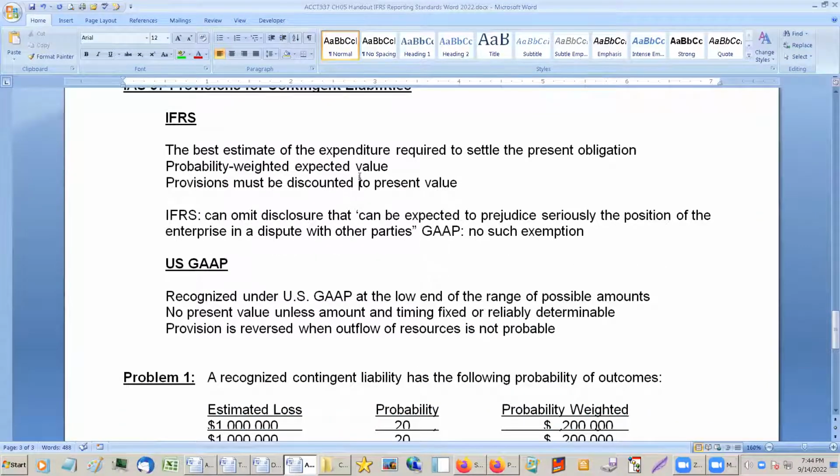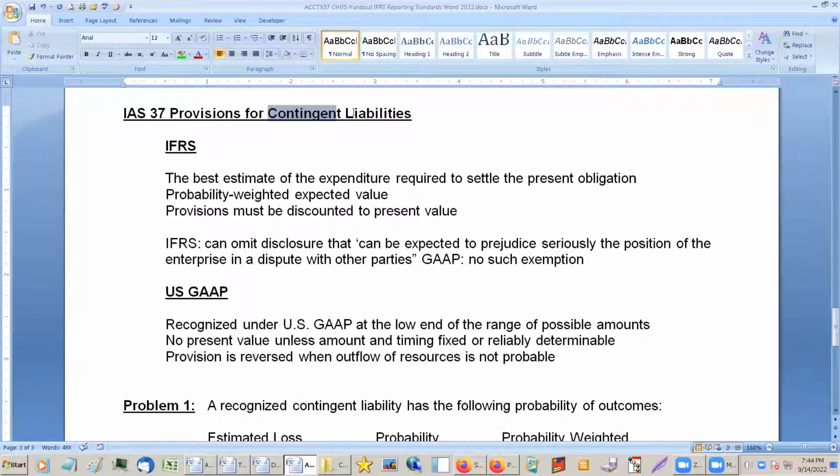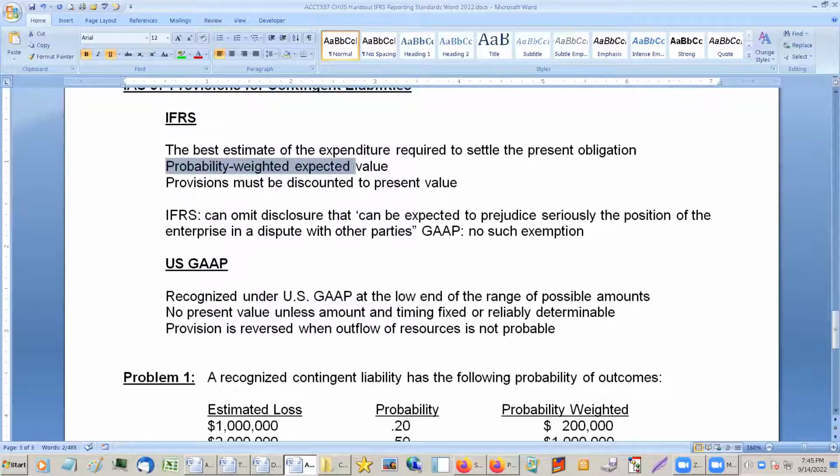Okay, down here's where it gets a little bit interesting. When it comes to how much you book for these, IFRS uses probability weighted average. US standards use the low end of the amount.